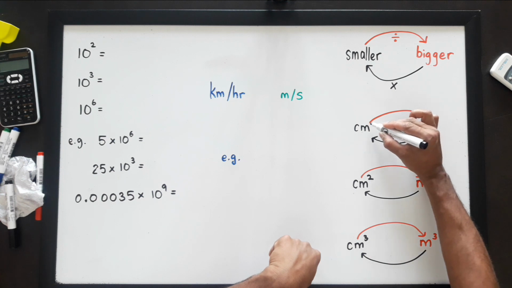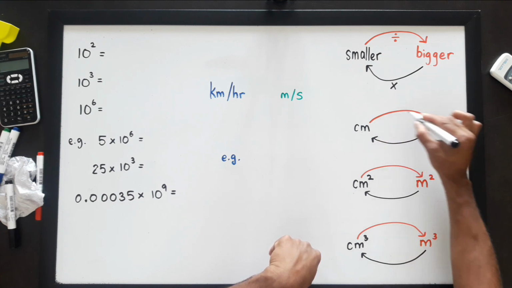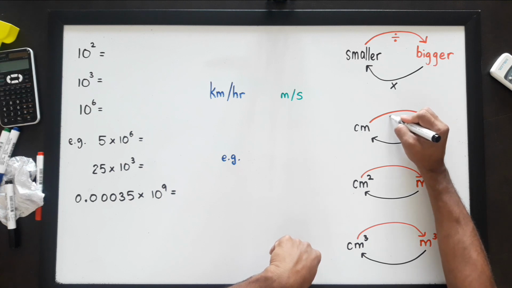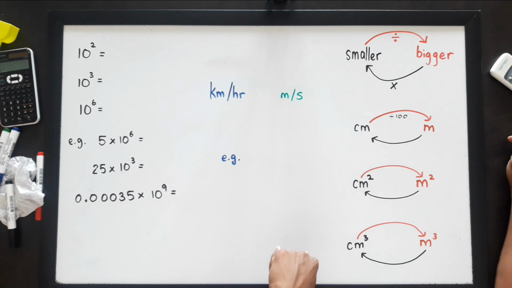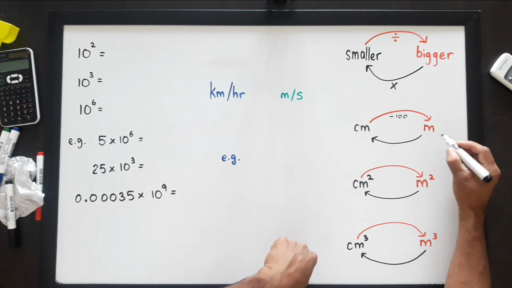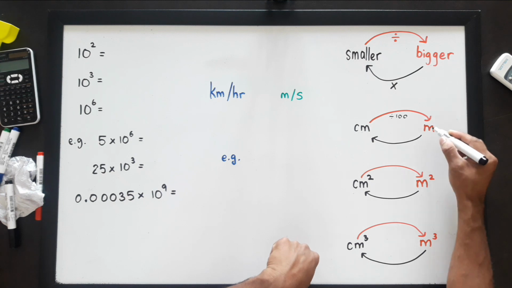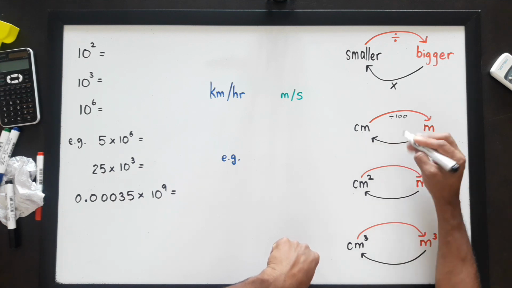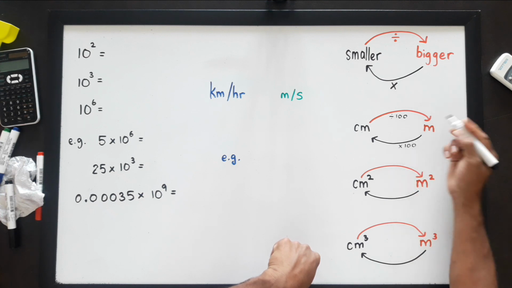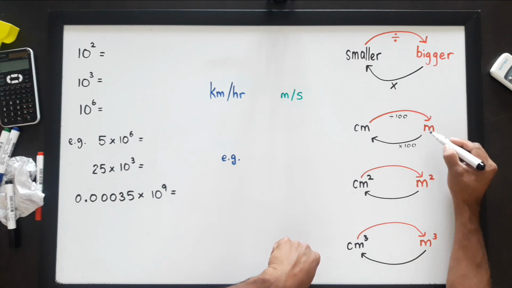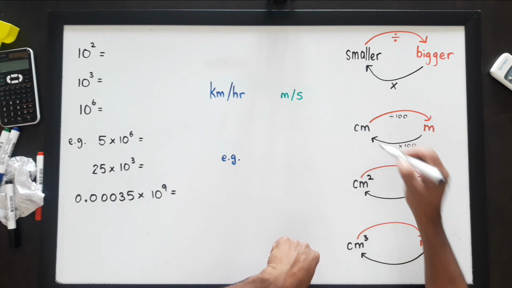If you have a certain amount of centimeters and you want to convert it to meters, from smaller to bigger, you will have to divide by 100, not multiply by 100. And if you have meters, for example 5 meters, and you want to convert it to centimeters, you would have to multiply by 100 because meters is bigger than a centimeter. You are going from bigger to smaller.